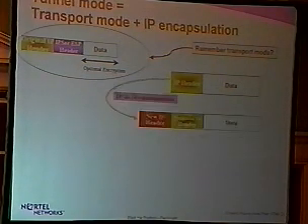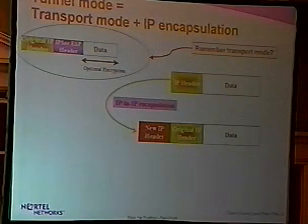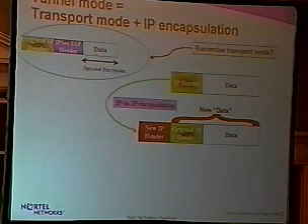We start with a basic packet, do the IP in IP encapsulation. This simply puts a new header on it. The source address is going to be based on the gateway that's sending the packet. The destination address is going to be the destination gateway. The entire original packet becomes the data field of this new packet.